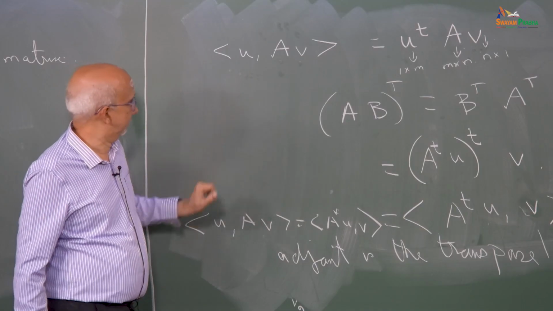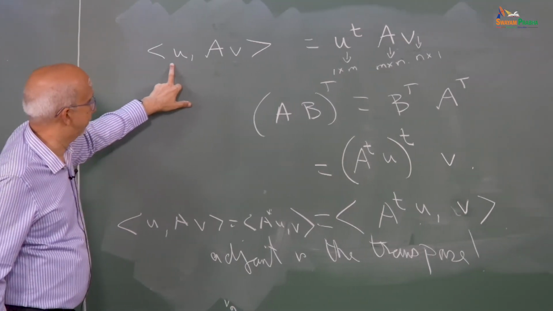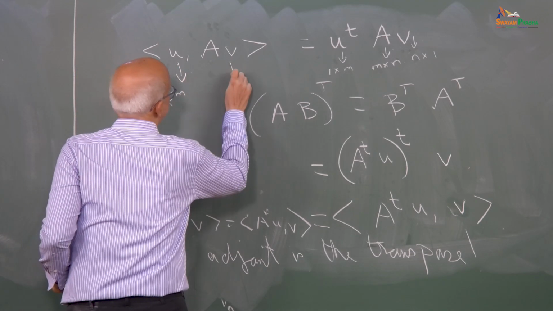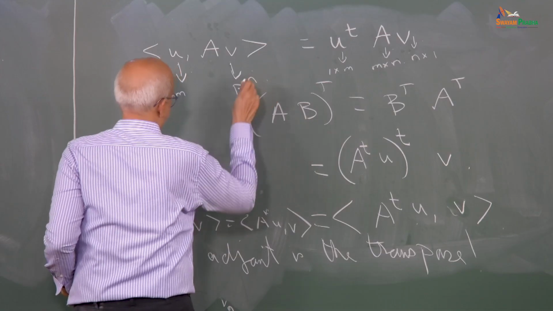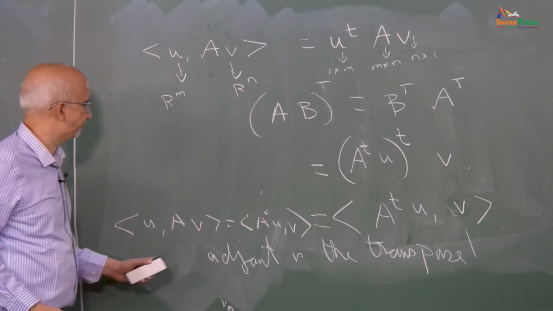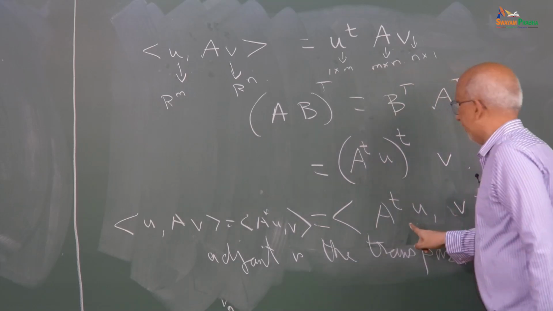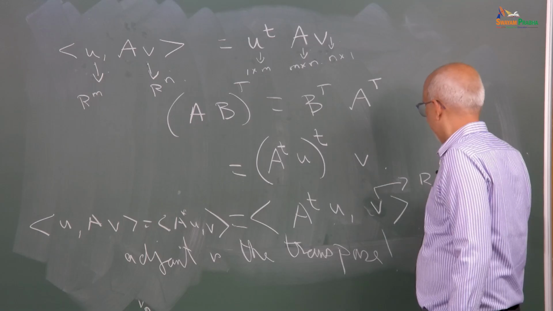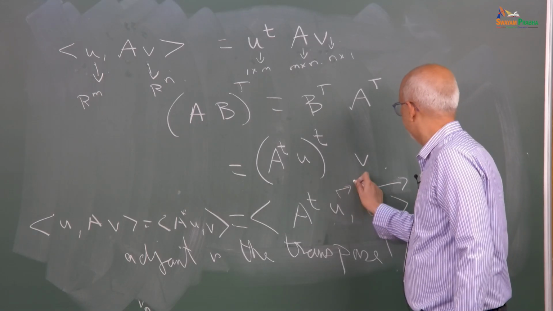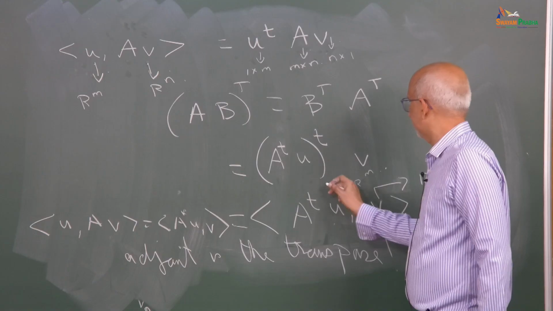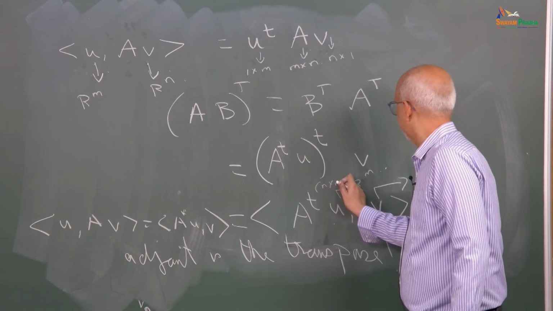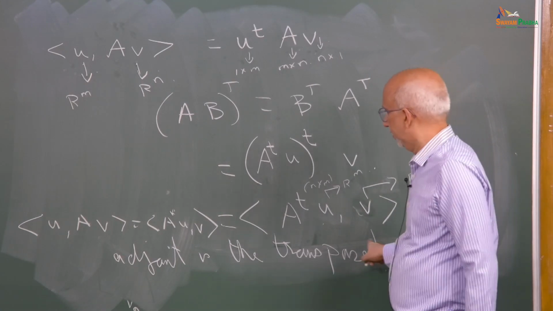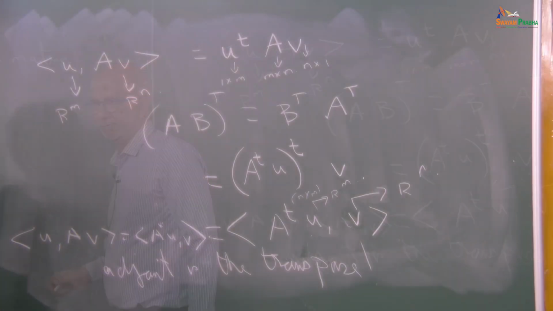This belongs to Rm, this belongs to Rn, and here A transpose u belongs to Rn, this is Rm, and A transpose is n by m. So, here the inner product will be summed over n terms, here the inner product will be summed over m terms, it is consistent.